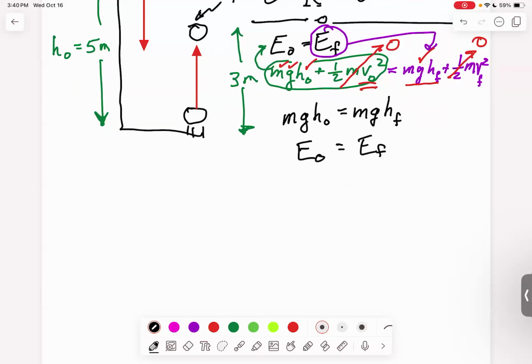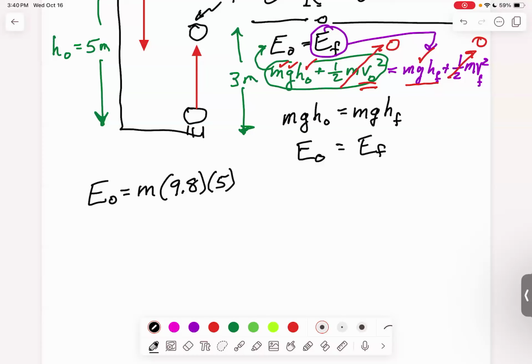We want to figure out the comparison of the two different energy states. So how about we write for E naught? E naught is going to equal the mass times 9.8 times 5.